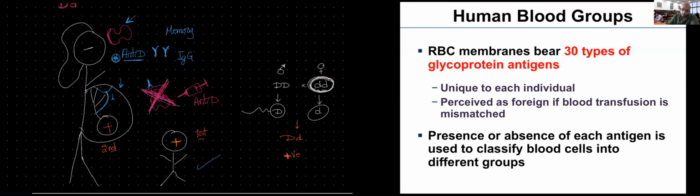All right, so this is going to be the essay question for the upcoming lab exam. Erythroblastosis fetalis: I will be asking you what are the circumstances that will cause the development of erythroblastosis fetalis, and how do we prevent it.